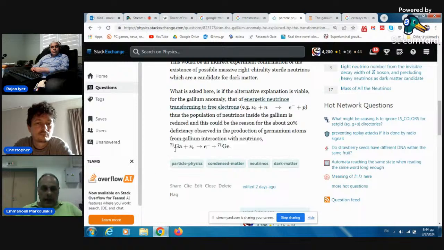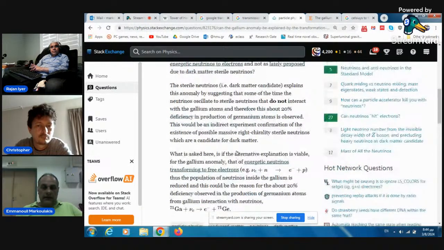So the gallium has 31 protons, and the germanium gains one proton and now has 32 protons and one less neutron. So the gallium gets transformed to germanium. That's all.